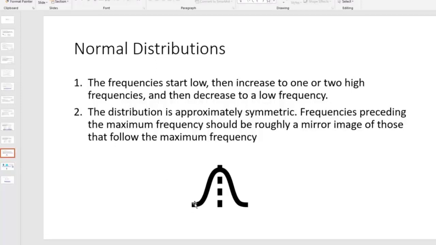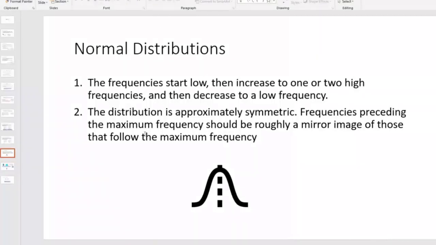The frequencies start low. I've got this little graph, sort of an icon here, and then they increase, and then they decrease. So the number of frequencies is low, then they have the most of them happen in the middle, and the least of them on the ends.